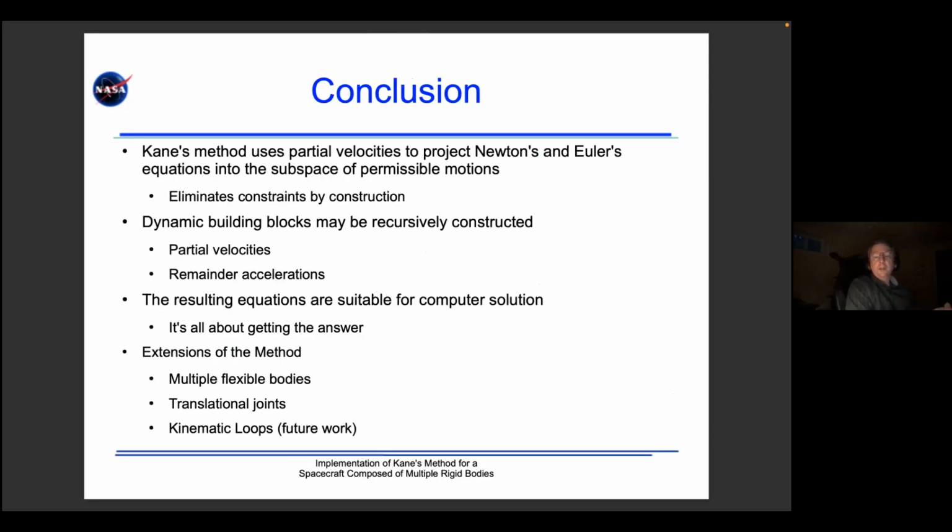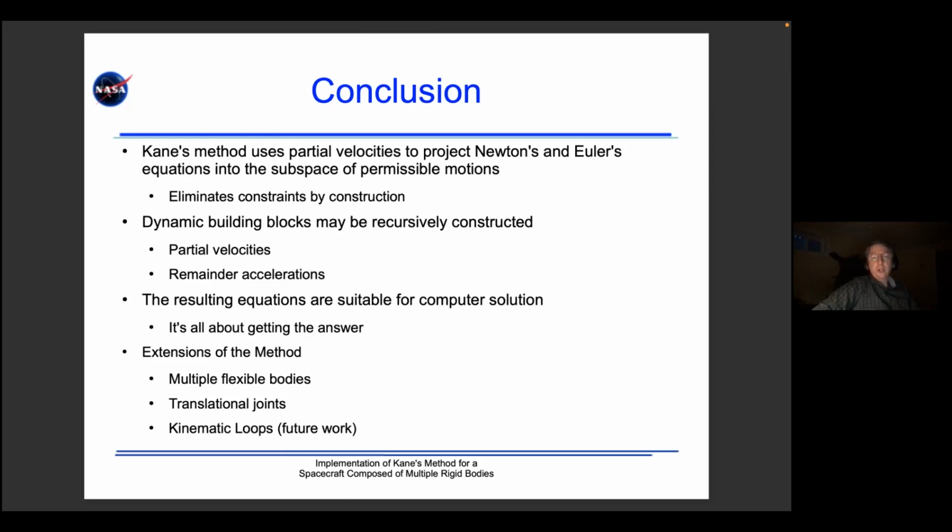All right, so Kane's method is great for separating the dynamics from the constraints in a dynamical system. It uses the partial velocity concept to take Newton's equations and Euler's equations for rotation, and it projects them into the subspace of permissible motions.